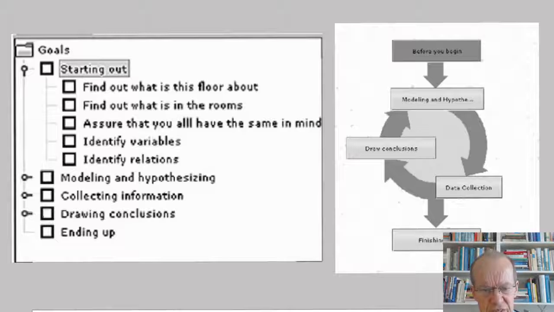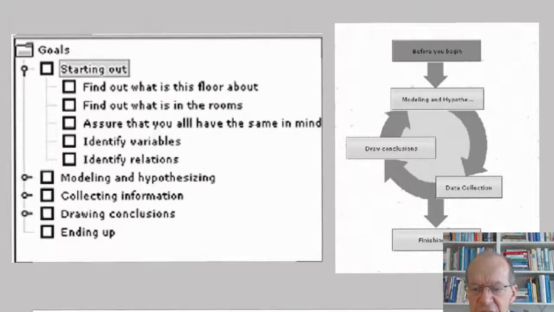Find out what the floor is about, find out what is in the rooms. It's about the particular environment in which the fluid dynamics problems have to be studied. Assure that you all have the same in mind, identify variables, identify relations, and then modeling and hypothesizing, collecting data, drawing conclusions, and ending up.